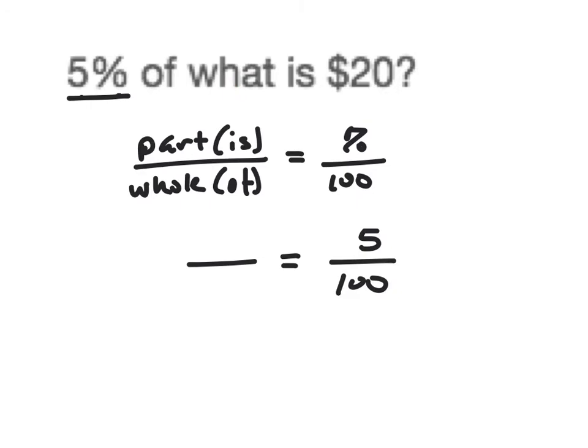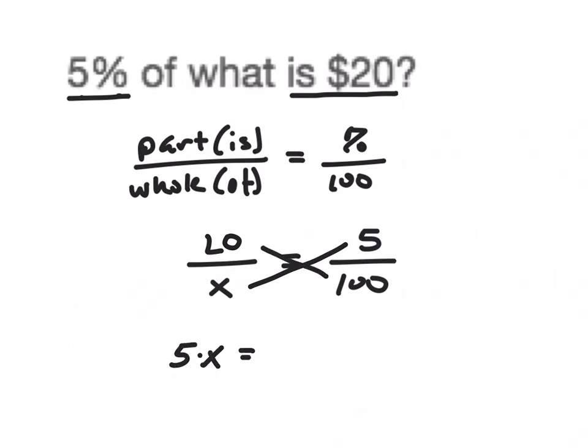Let's put x down here, and then $20 goes up here in my numerator. All right, so I got a 20. Let's cross multiply. I'm going to do 5 times x, and that's equal to 20 times 100. So 5x is equal to 2,000.